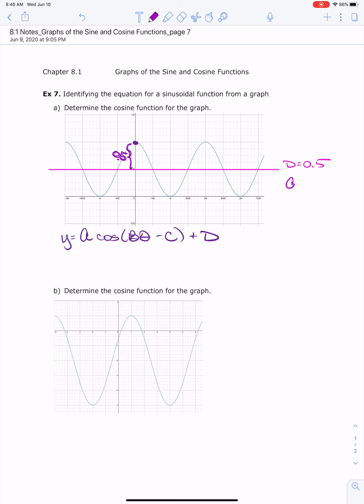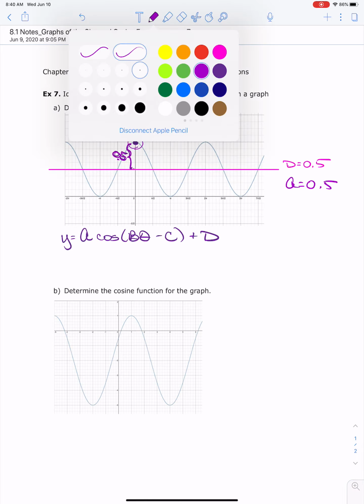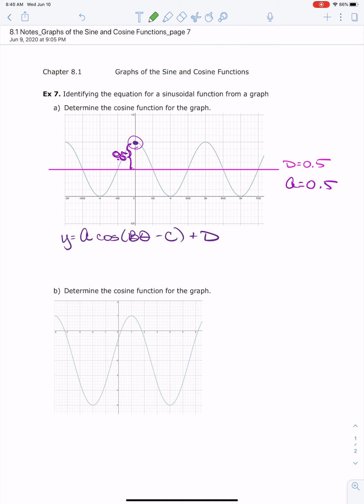So that means my A is also 0.5. So at my 0, my cosine value is this very top. So there is no phase shift. So I am not worried about that. C equals 0.